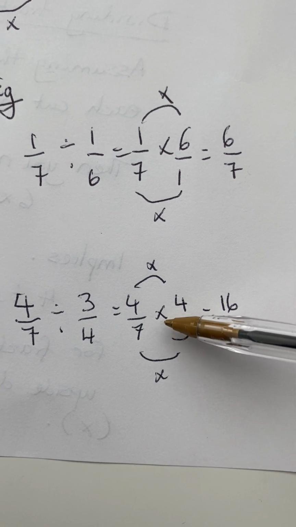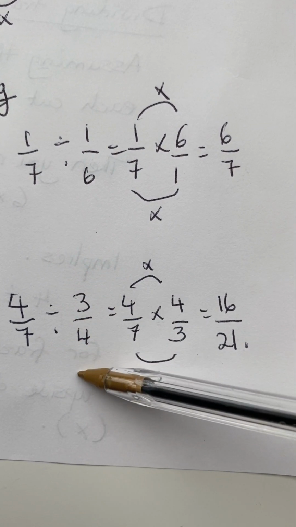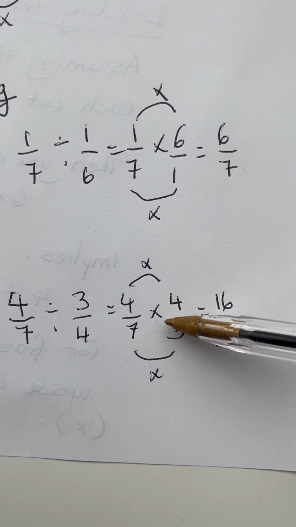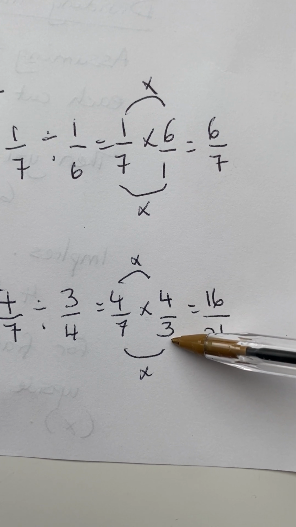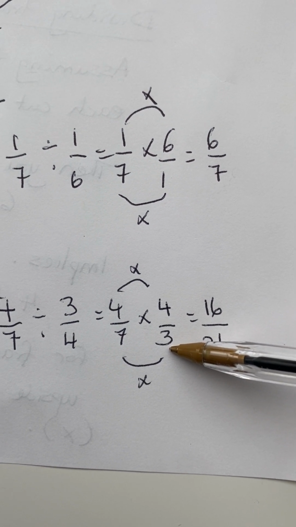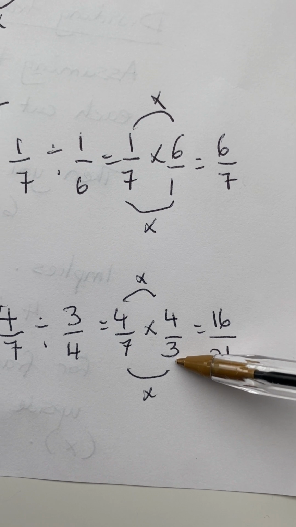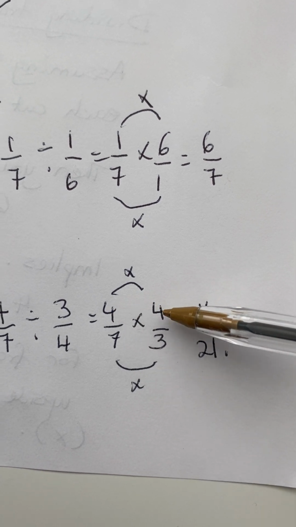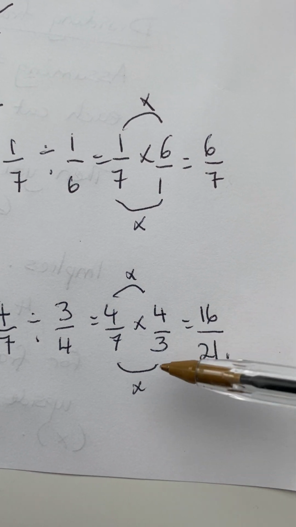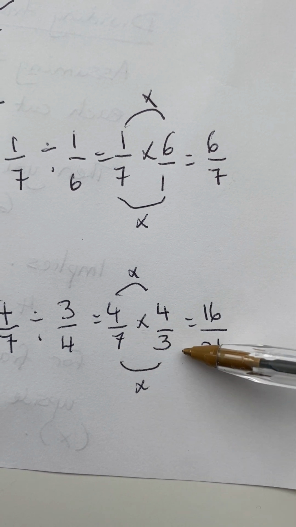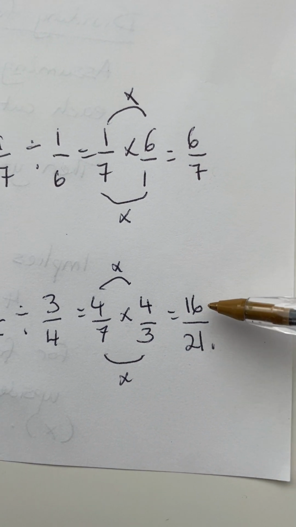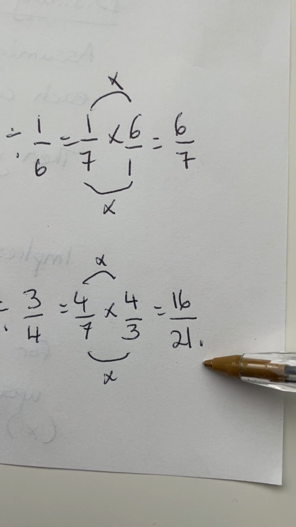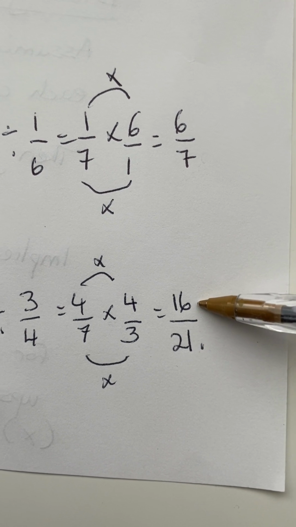And immediately we do that, we need to flip this fraction. So 4 over 7 times 4 over 3. If you don't flip it, your answer will be wrong. Now we can multiply. So 16, 7 times 3 is 21. 16 over 21, they don't have any common factors. So that will be our lowest form.